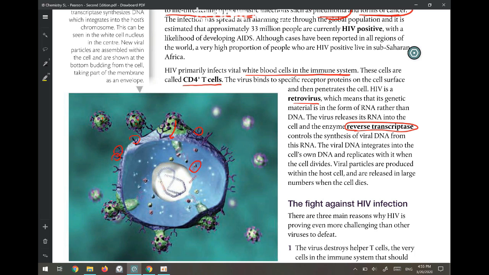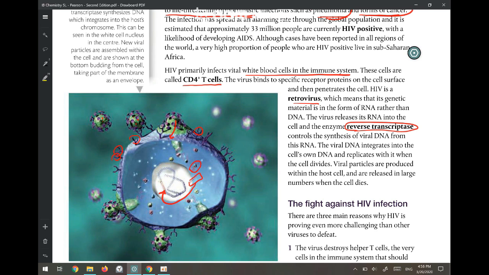After the DNA of the virus has been made, it is incorporated into the DNA of the host cell. This is the third stage in the life cycle of this virus. And then when the host cell wants to replicate its DNA, it also replicates the DNA of the virus with it.